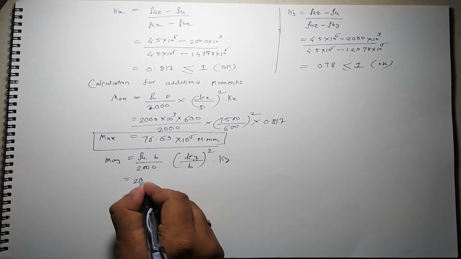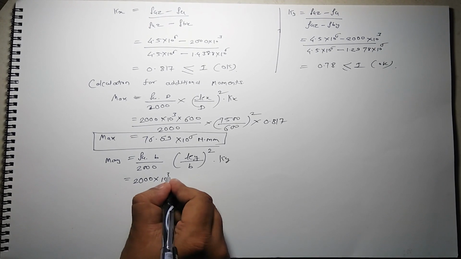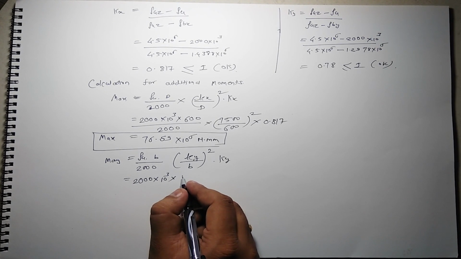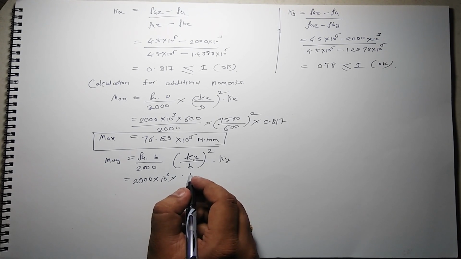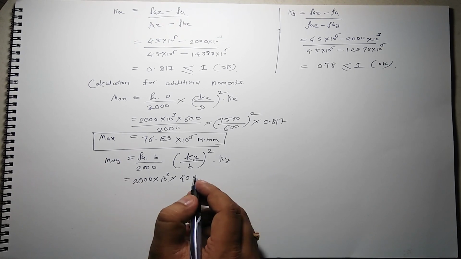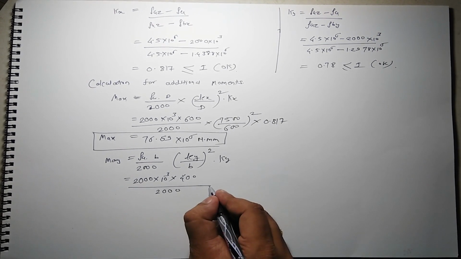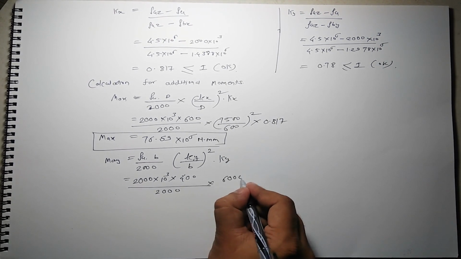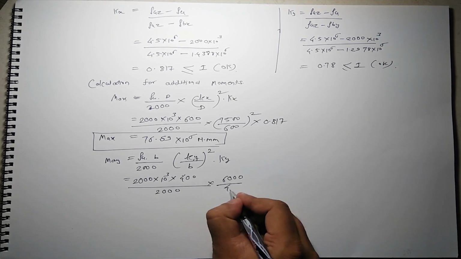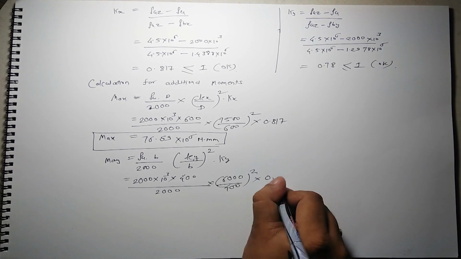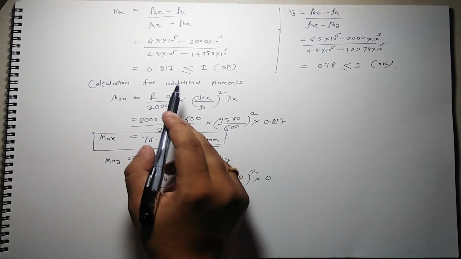So 2000 into 10 to the power 3 into 400, divided by 2000, into 6000 divided by 400, I'm taking values in mm, squared, into 0.78, the value we have calculated.